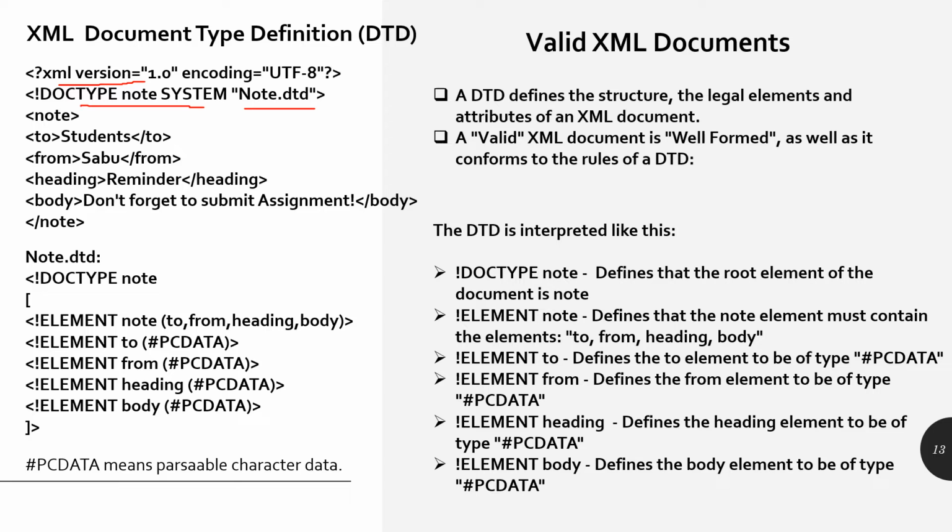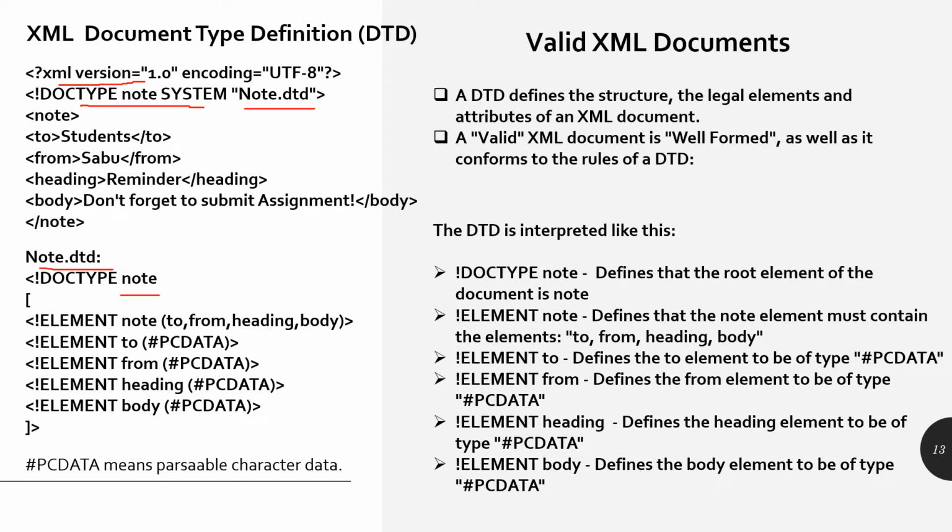Initially this is the note.dtd file. The content in the first line itself specifies the document type note, which defines that the root element of the document is note. This is the root element.